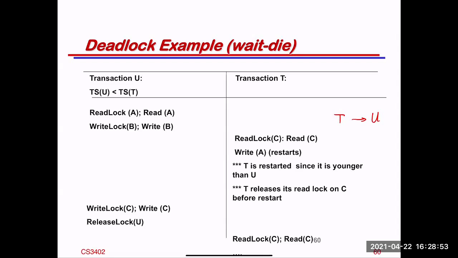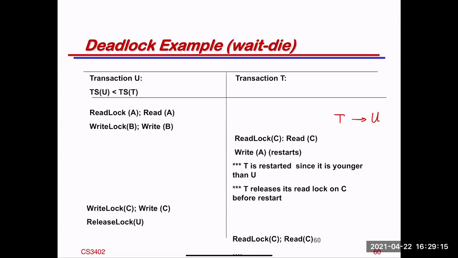So what happens when T is restarted? Well, it loses all its locks. So in particular, this read lock here for C is released. And therefore, transaction U here can continue. So it can acquire its write lock for C and then write C and so on.